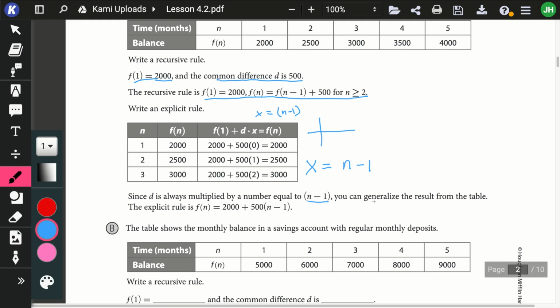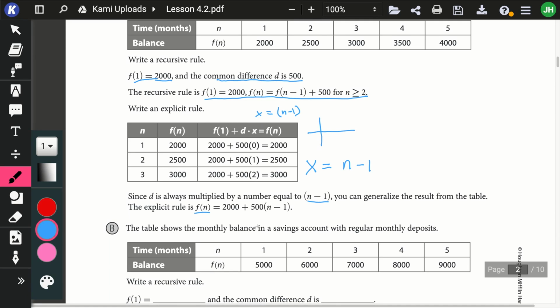We can make a generalization of the result from the table. The explicit rule is f of n equals 2,000, that's f of 1, but it's always going to be the same, plus 500 times n minus 1. Okay? So if n is 1, n minus 1 is 0. If n is 2, n minus 1 is 1.